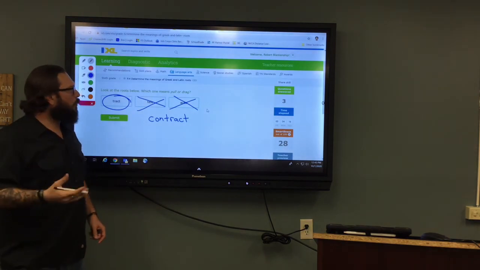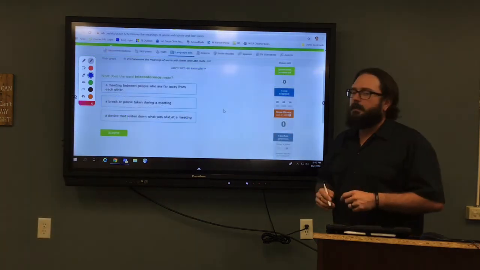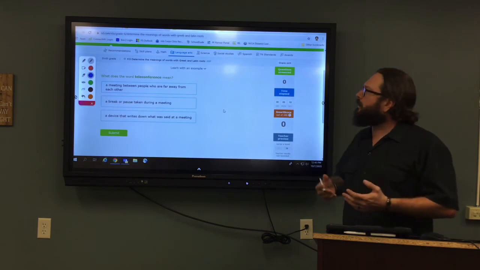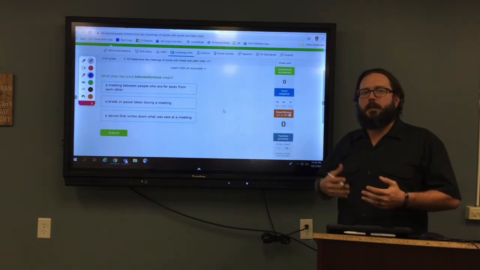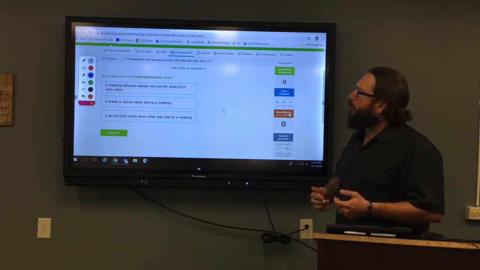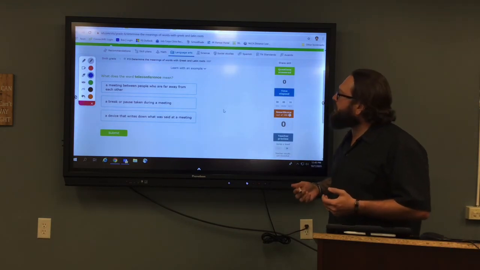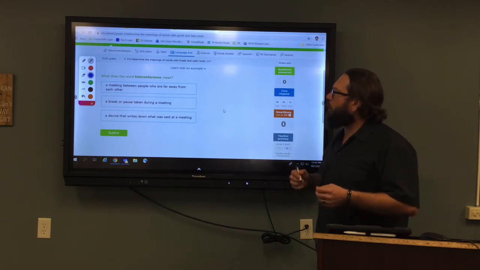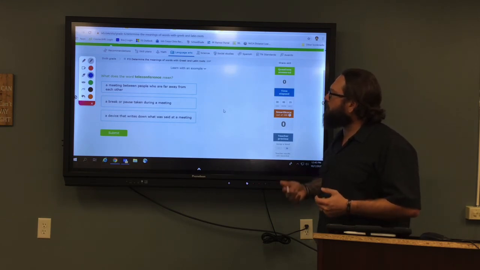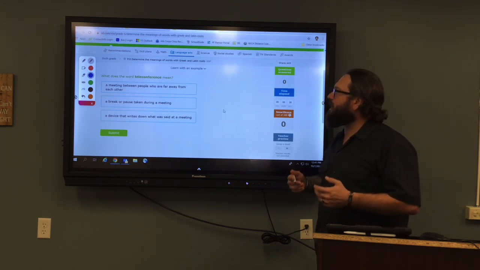That means pull or drag. In our final example, we are given the word teleconference, and we need to determine what it means. Our options are a meeting between people who are far away from each other, a break or pause taken during a meeting, or a device that writes down what was said at a meeting.